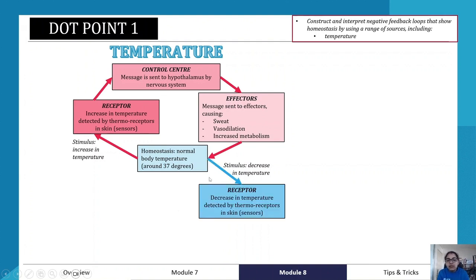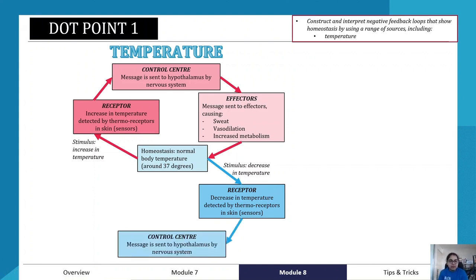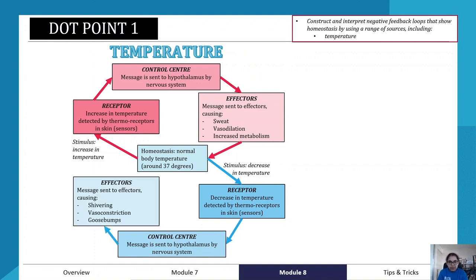However, if there is a decrease in the temperature, that is also going to be detected by the thermoreceptors in the skin, then the control center is going to be notified. The control center is then also going to notify the effectors and tell them that, hey, you need to start shivering, there has to be vasoconstriction, and also goosebumps as well.